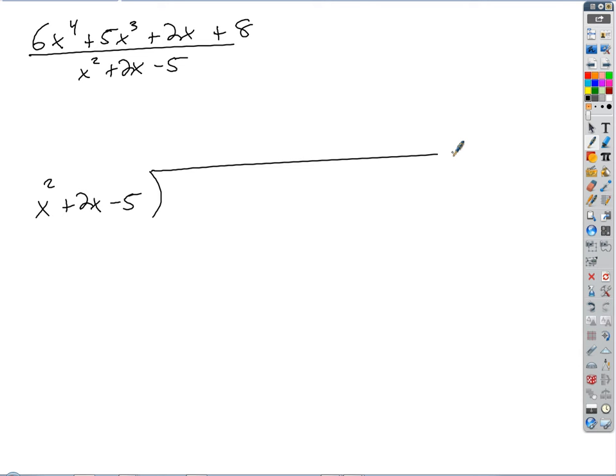Is it missing? Okay, it's missing the quadratic term, isn't it? It's missing the x squared term. So we do have to hold that place in here, and this will also become really clear why as we go through the process. So it'd be 6x to the 4th plus 5x cubed plus 0x squared plus 2x plus 8. Okay, what do you think we're going to do?